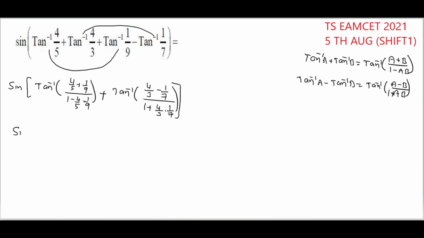That is equal to sin of tan inverse of 4 by 5 plus 1 by 9. Take LCM, that is 45. 9 into 4, 36.